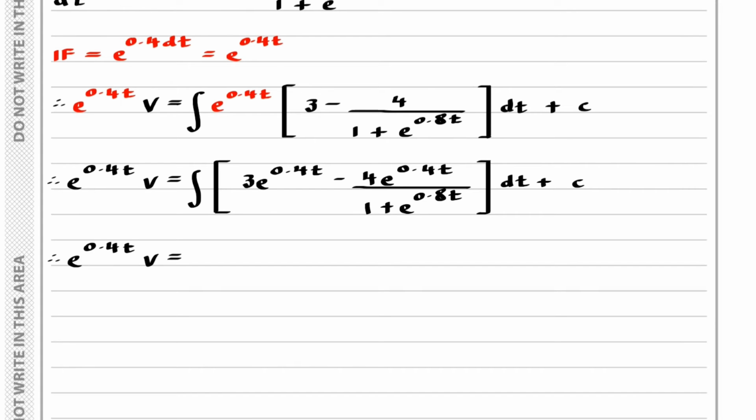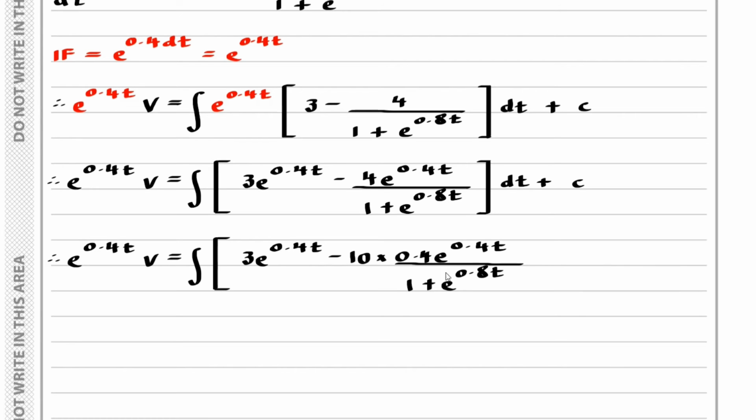So therefore, the left hand side remains as it is, and on the right hand side we have this 3e to the 0.4t, and then we subtract 10 times the 0.4e to the 0.4t over 1 plus e to the 0.8t. And don't forget, we're integrating this with respect to t.